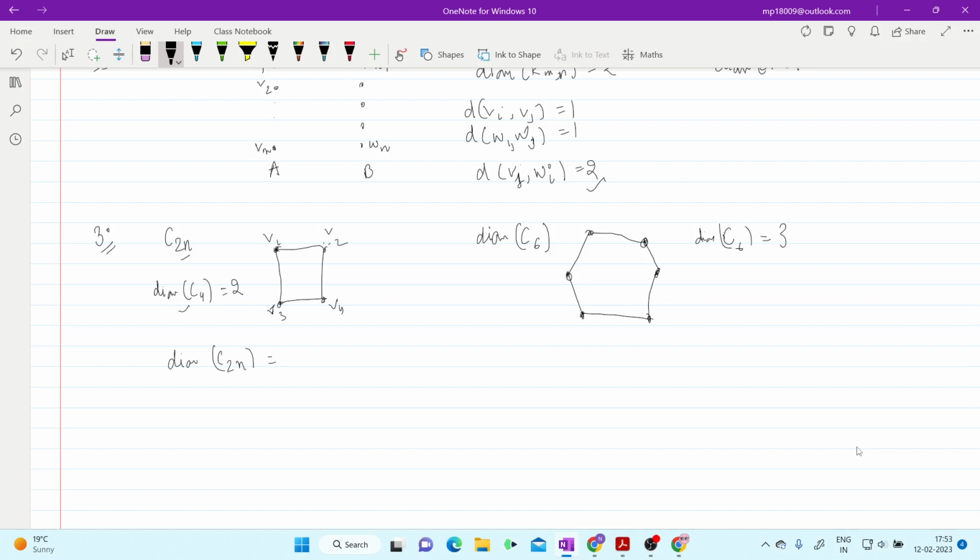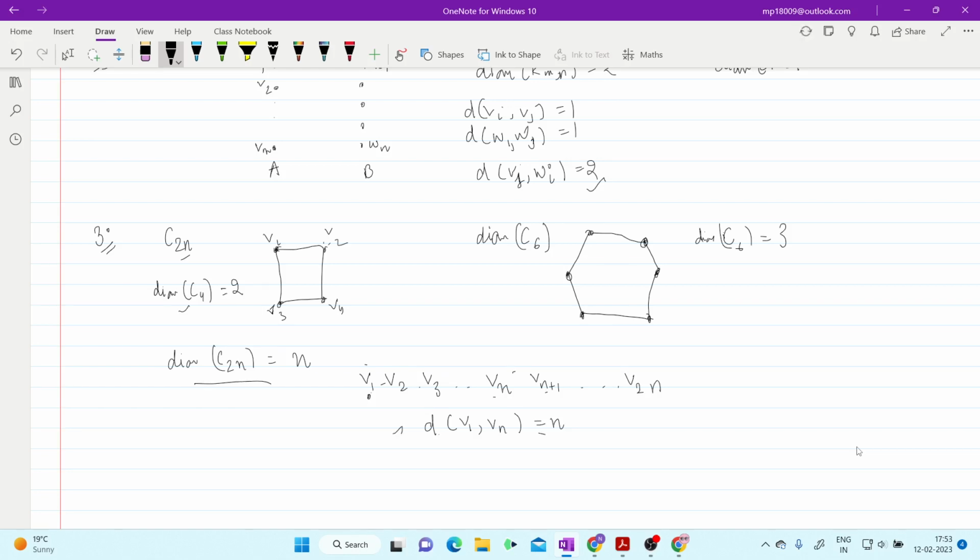n. Yes. Why? Because if we have this cycle V1, V2, V3, up to Vn, then Vn plus 1 till V2n, we see that the distance between V1 and Vn is n, and all the shortest distances will be less than or equal to n.